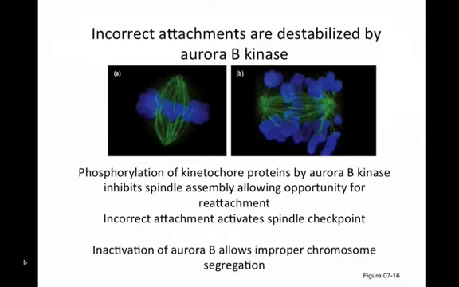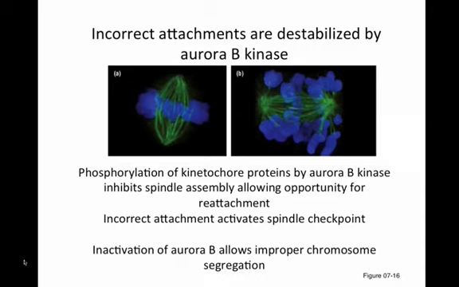So first of all, if there's an incorrect attachment, then it's destabilized by the activity of Aurora B kinase. What do kinases do? They phosphorylate, right.